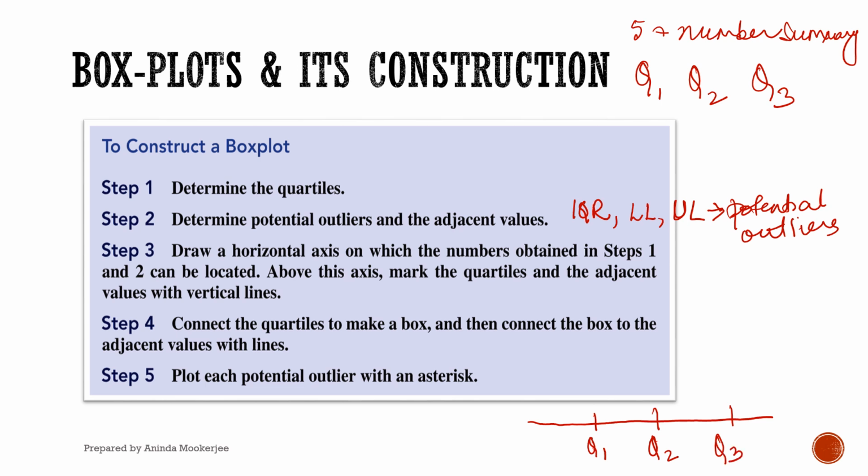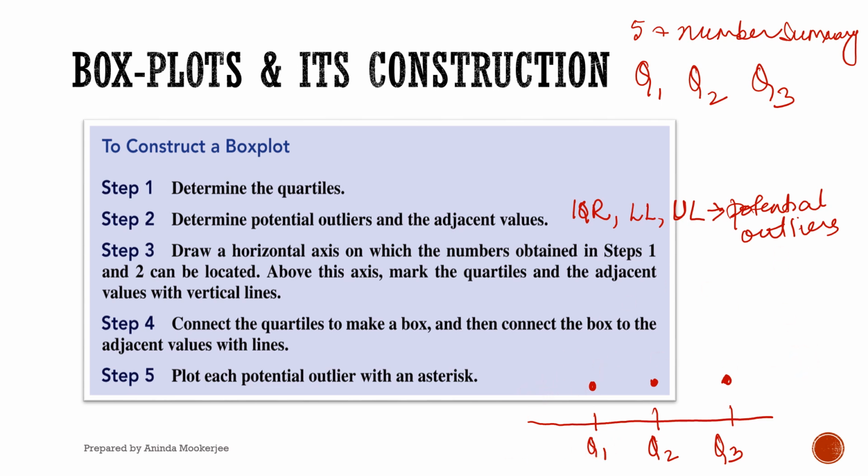All right. And then what you do is just put a dot over each quartile, above the horizontal line. Your dots should not be on the horizontal line. It should be above the horizontal line. And the adjacent values, which could be potential outliers, can be placed to the left or to the right.